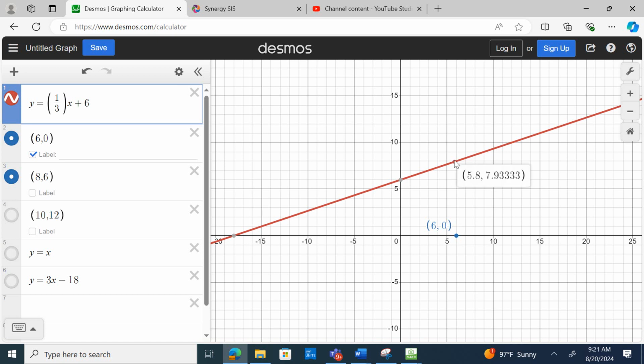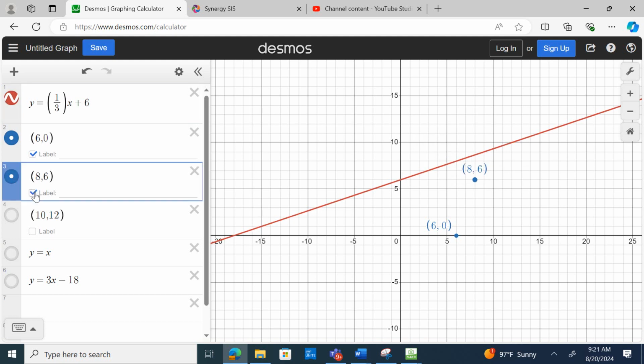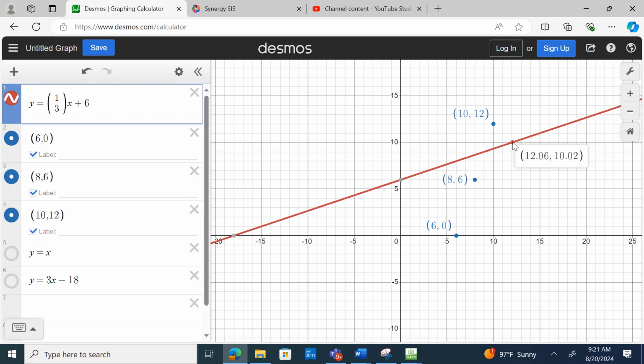So does everybody see how this is a good intersection point right here? 6, 8. Well, 6, 8 becomes what when we flip it? It becomes 8, 6. And the same thing, I would find 12, 10. And 12, 10 is right here. It's a good intersection point. And when I flip it, it becomes 10, 12. So those are my points. And then I would just simply take my straightedge, put a line through them, and I graphed it.